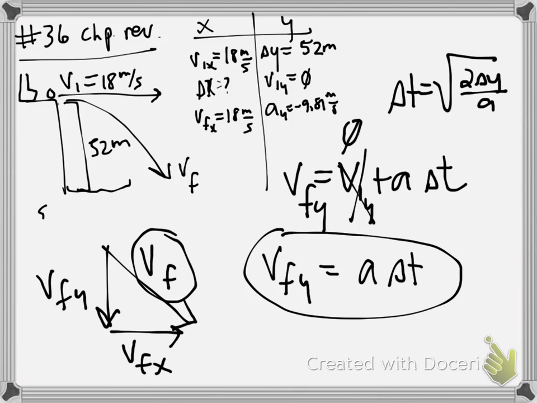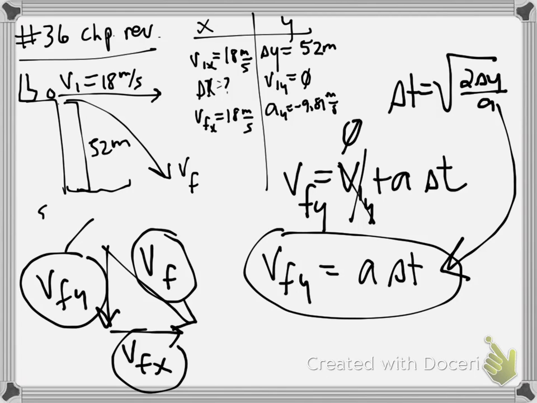Because you have acceleration and you have an expression that you can plug in for time. Okay. I forgot we had a VFX. And VFX is going to be the same as VIX because there's no acceleration on the x. Right. So you solve for this, and that allows you to get that. And from that, you could figure out delta x, you could figure out the angle it lands at, you could do all kinds of fun stuff.